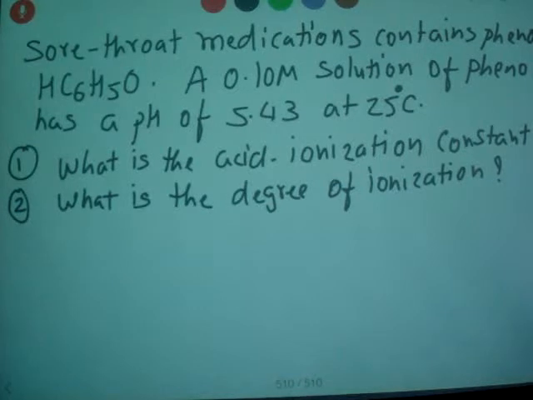Okay, so those two things we need to find.